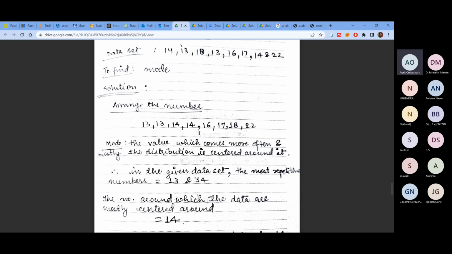Not more, like the value which is more close to the center of the data. More close to the median. Okay. Median.